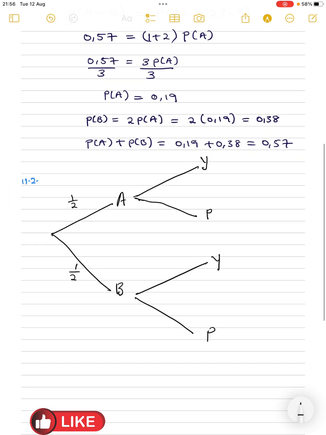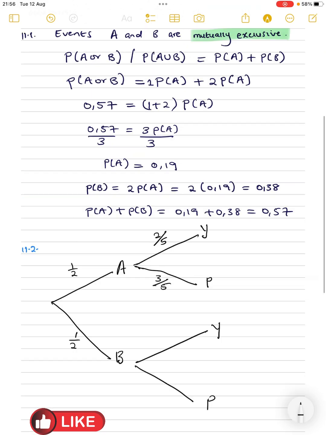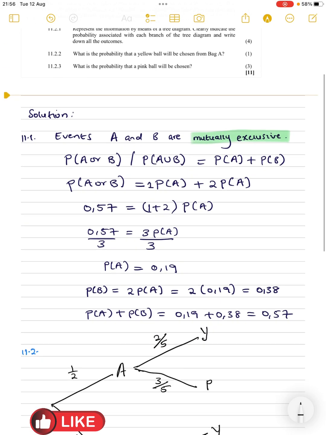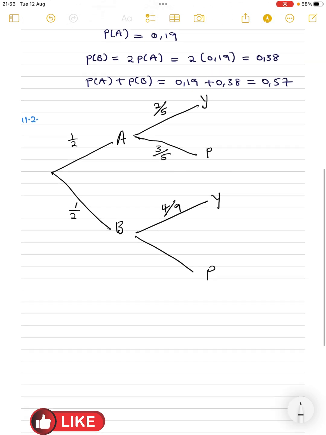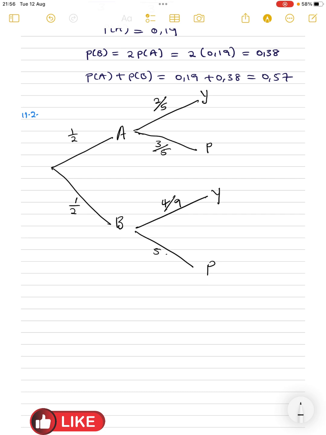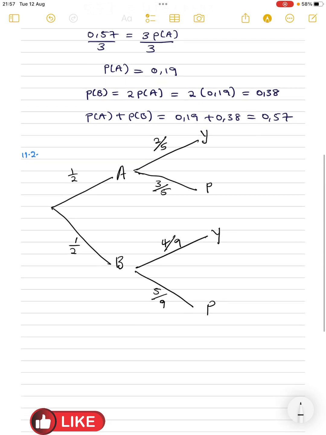How many yellow balls in bag A? I have 2, so 2 yellow balls over the sample space, and 3 pink over the sample space. In bag B, I have 4 yellow balls over the sample space, and 5 pink over the sample space.